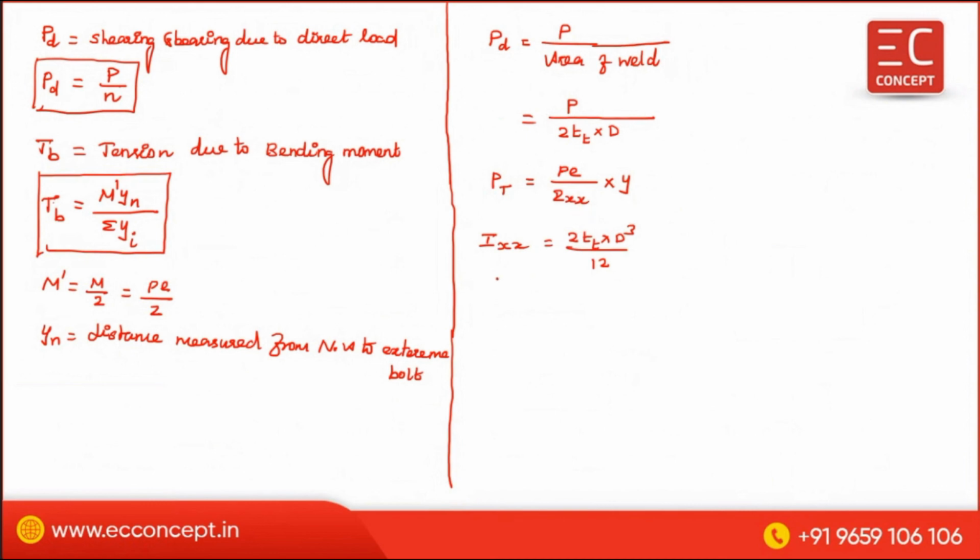And Y is the distance from the neutral axis to the extreme fiber, which is equal to D by 2. So this is all about PD and PT. I hope you got it.